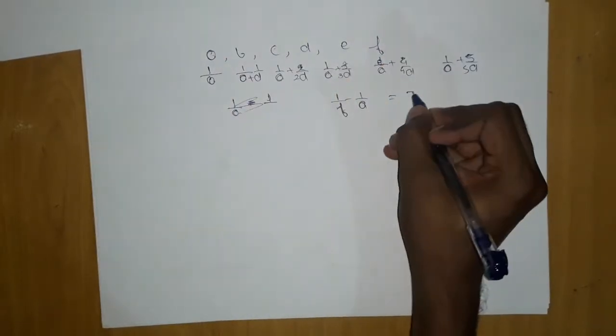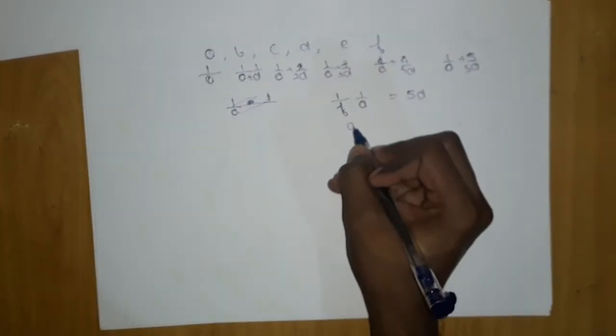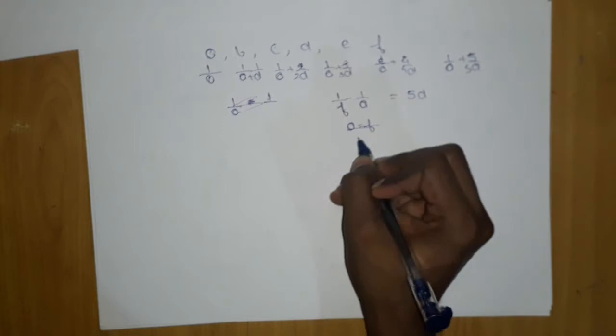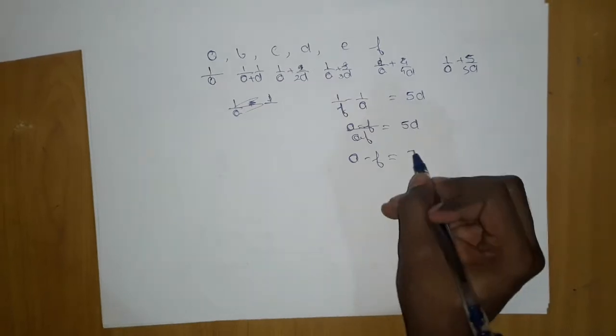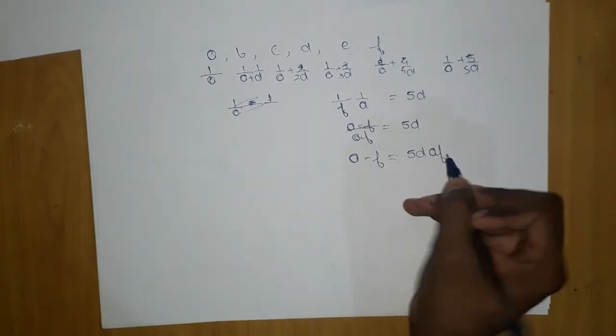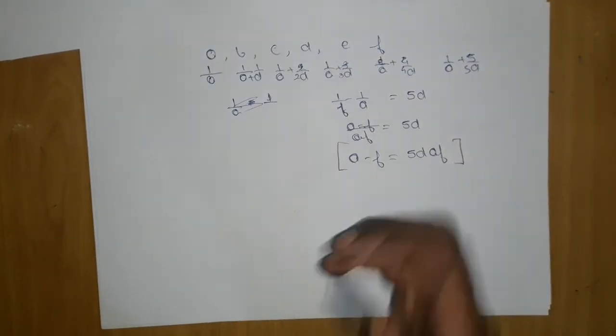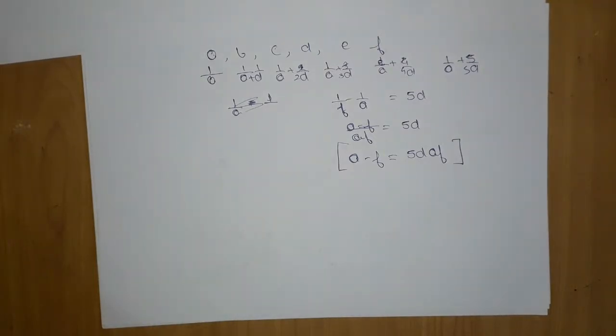It is nothing but 5 times D. So 1 by A minus 1 by F, that is (F minus A) upon AF, is 5D. So what we are getting is A minus F is nothing but 5D into AF.